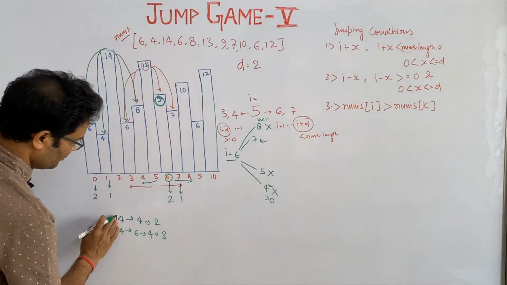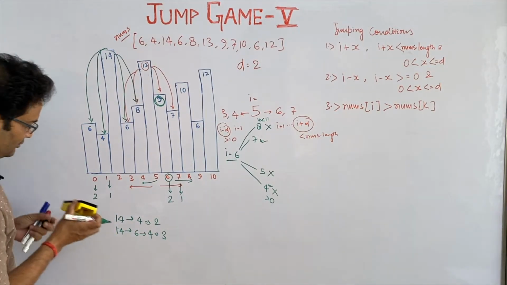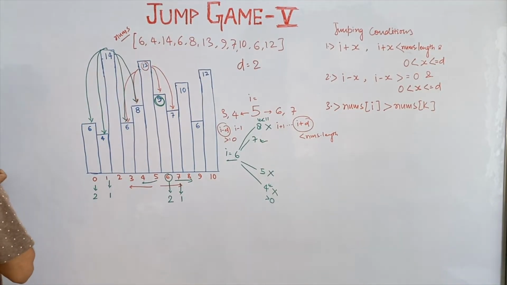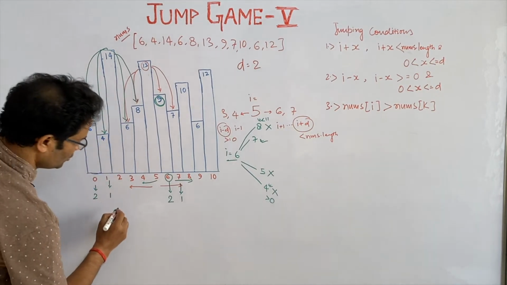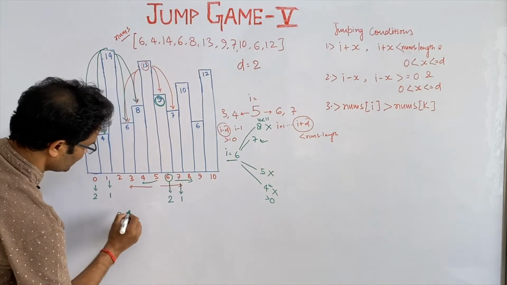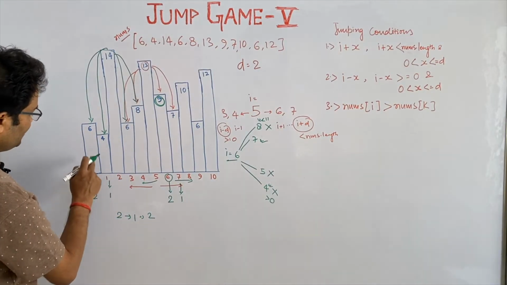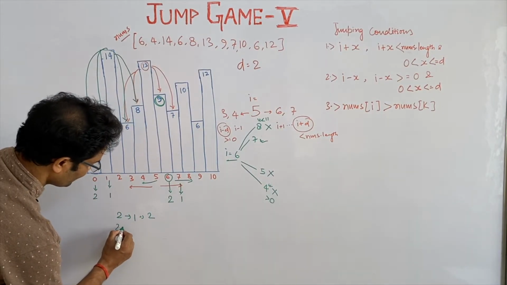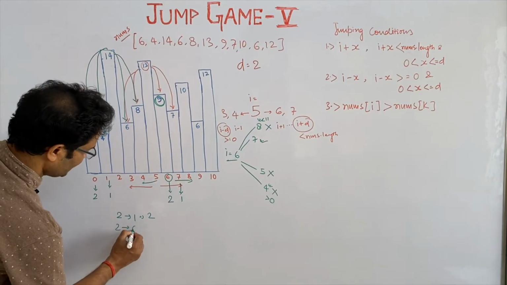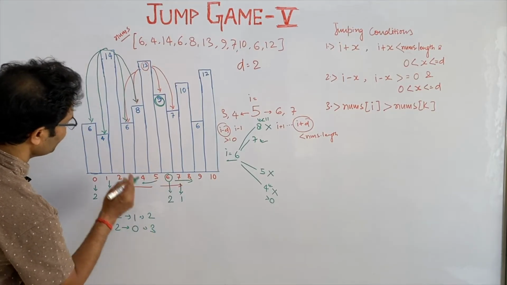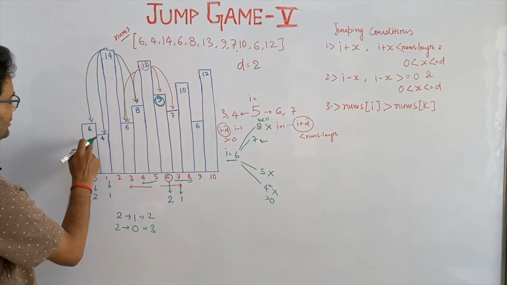Let me remove this, it is creating confusion. Take the index only. So if you are at index 2, from 2 if I go to 1, I can jump 2 only. If you jump to index 0, you can take 3, right? From here to here, from here to here.